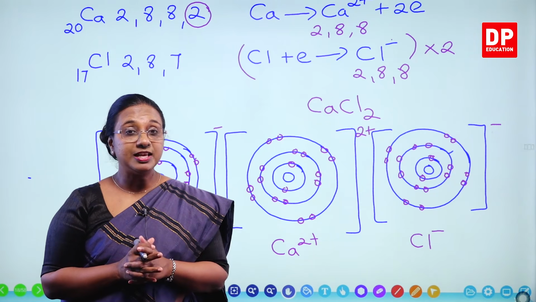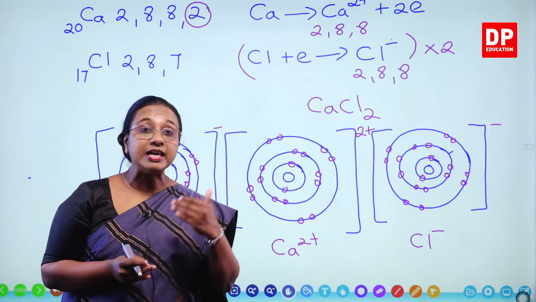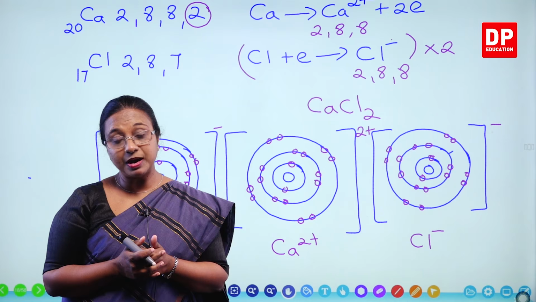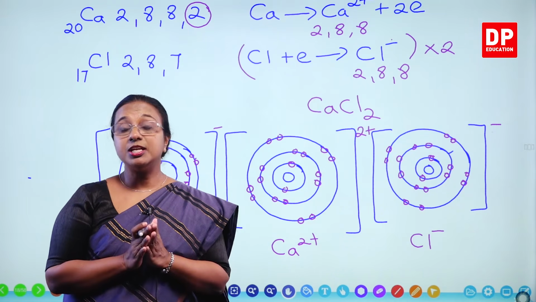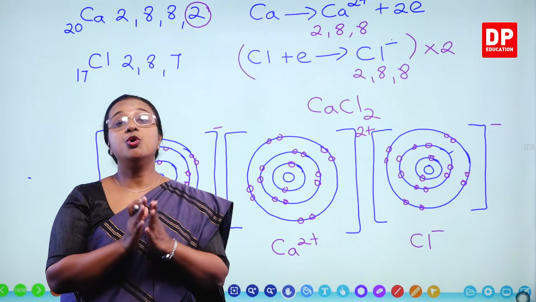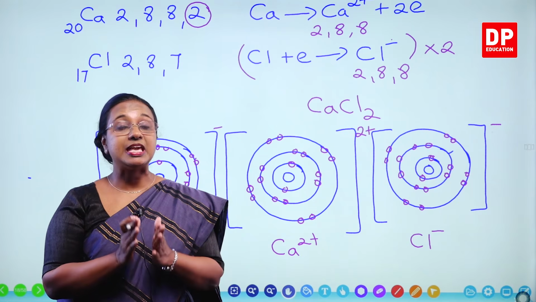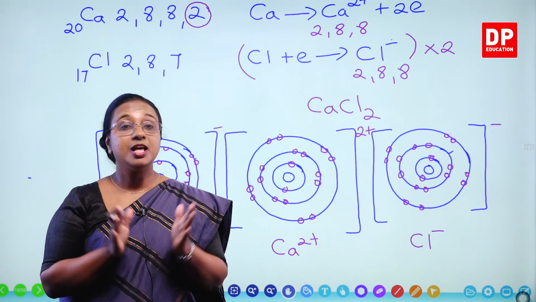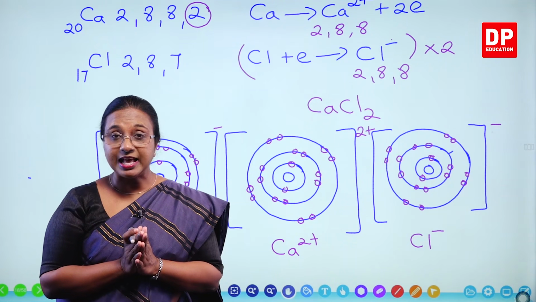We started off the lesson by discussing why atoms prefer to form compounds. You know the answer. In order to achieve the stable noble gas configuration or the stable electronic configuration. They do that by rearranging the electrons.